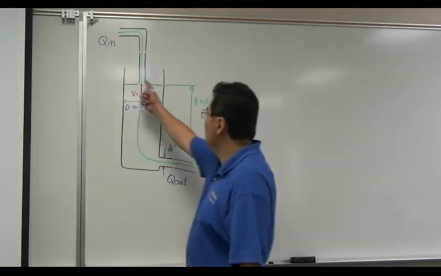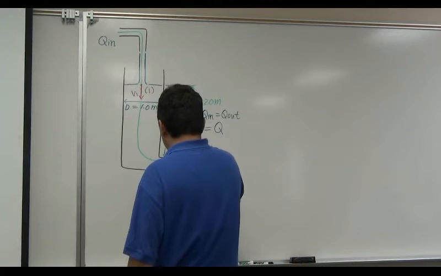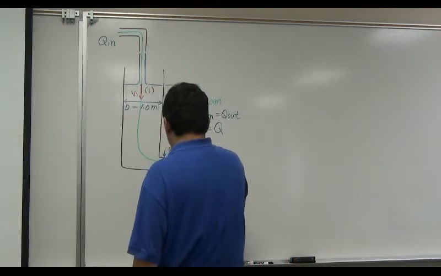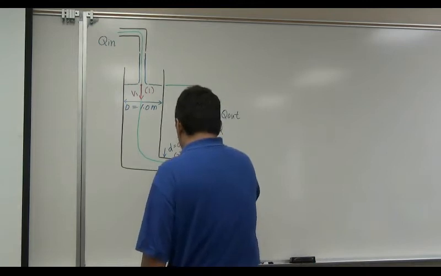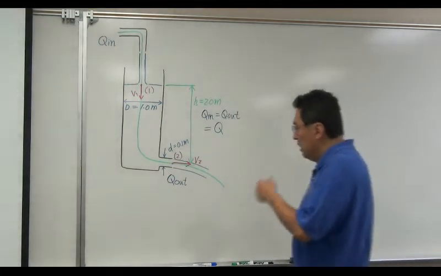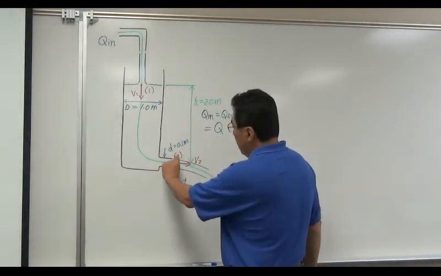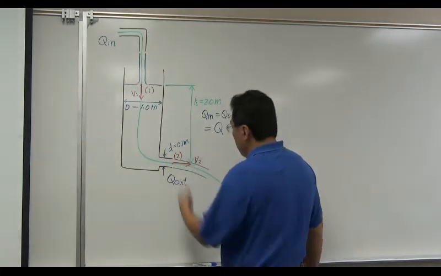That's the cross-section 1. Let's define the location 2. Right here, this is outgoing flow. Velocity is v2. So obviously, cross-section area here is pi over 4 times d, lowercase d, 0.1 meter, squared.